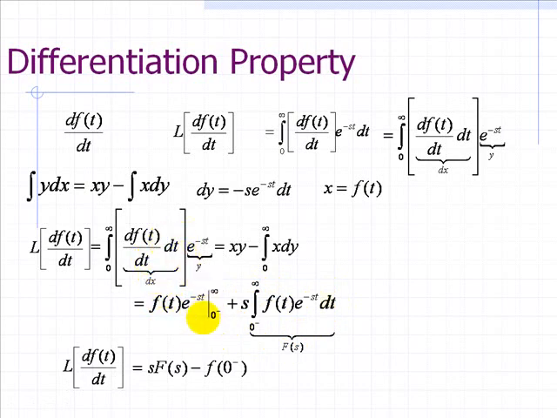When you substitute the upper limit of infinity, it goes to 0, and then the lower limit right here is just the initial condition for that function. Simplifying, if the initial condition is 0, then doing a differentiation operation on f of t is simply multiplying by s. So the d divided by dt operation, our differentiation property, means that the derivative with respect to t is multiplied by s. So that's our differentiation property.